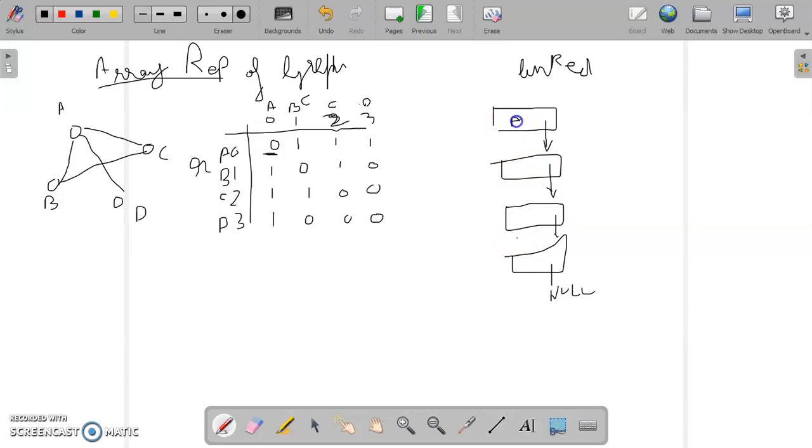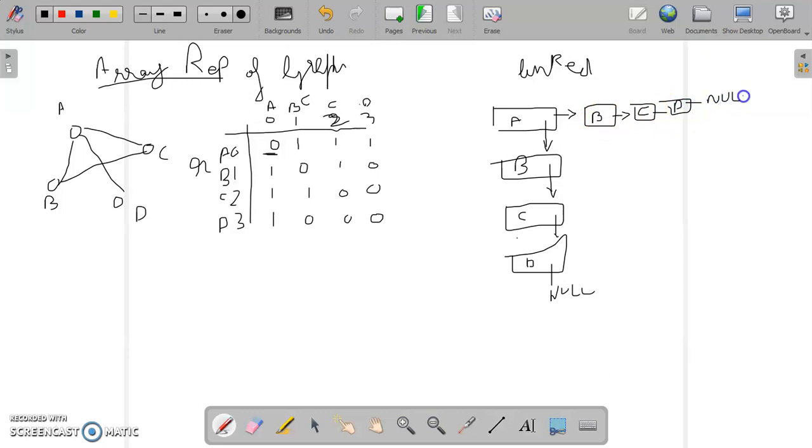This is A, this is B, this is C, this is D. And then we have another pointer which points towards the chain of edges. So A is linked with B. A also has an edge with C. And it also has an edge with D. So all the nodes with which A has an edge, their entry will be made here.